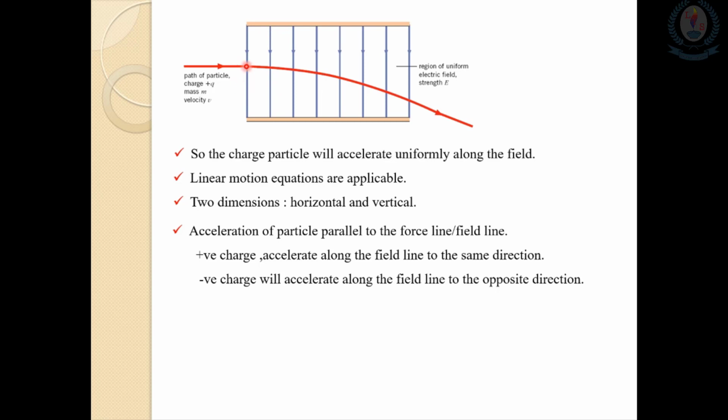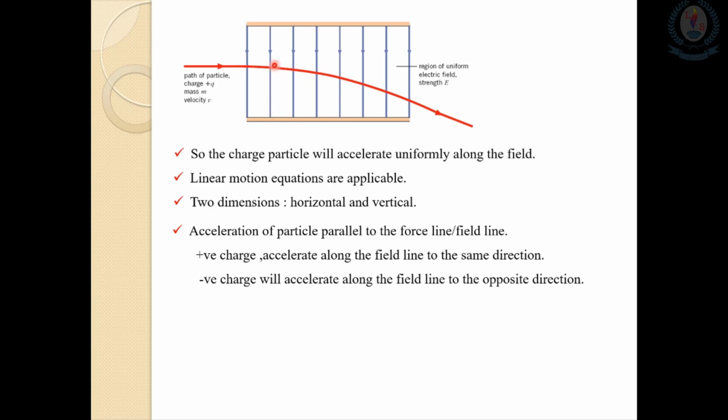Now if we consider the vertical motion, along the direction of the field, if it is a positive charge, then the positive charge will accelerate along the field line. Here the field line is down, and this top plate is positive; positive and positive repel, so it will move down along the field line, it will accelerate. Why am I saying it is accelerating?